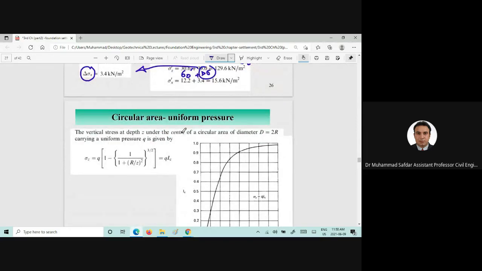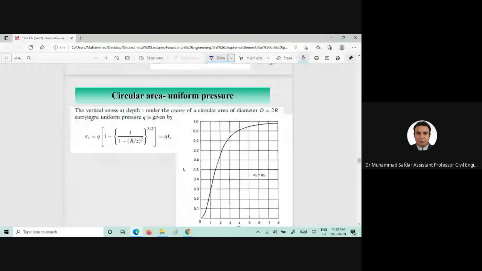For example, if we are given a circular area with a uniform pressure exerted, then we will use this equation to find delta sigma Z beneath the circular area. Please kindly note down this equation as well, it is very important.